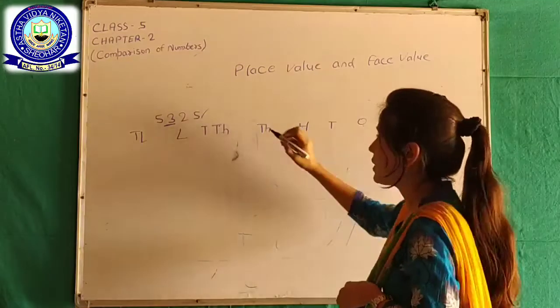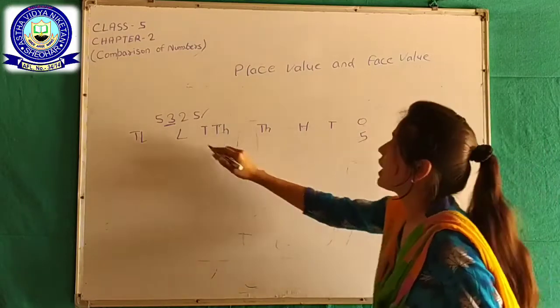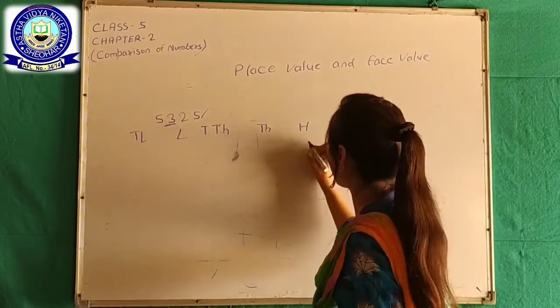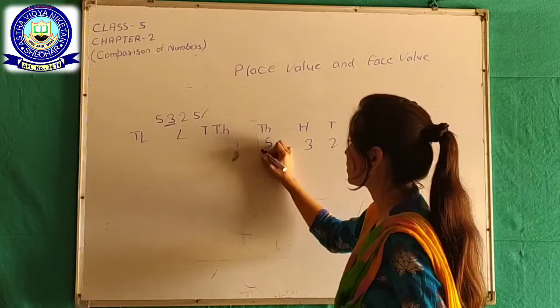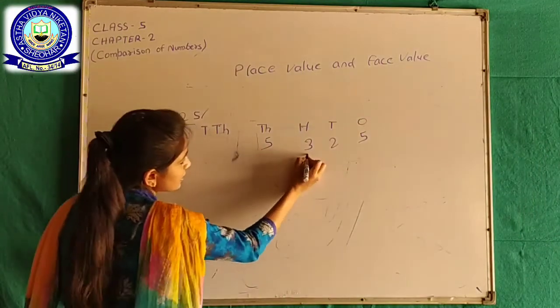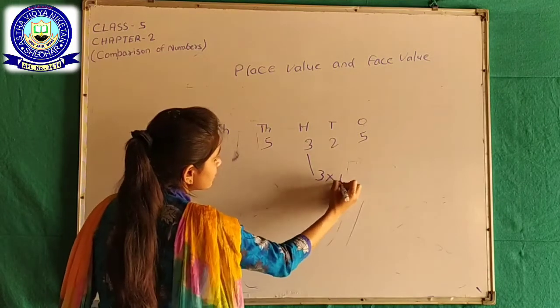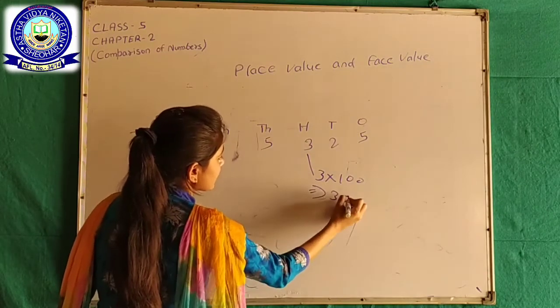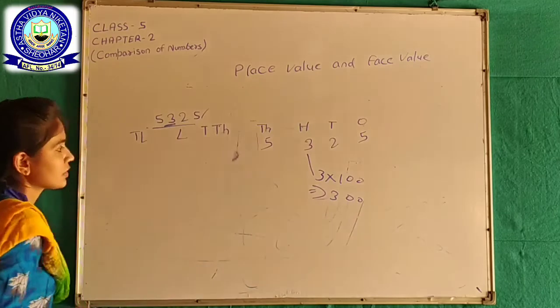Here 5 is in the ones position, 2 is in tens, 3 is in hundreds, and 5 is in thousands. The position of 3 in this number is hundreds, so 3 into 100 equals 300, which is the place value of 3.